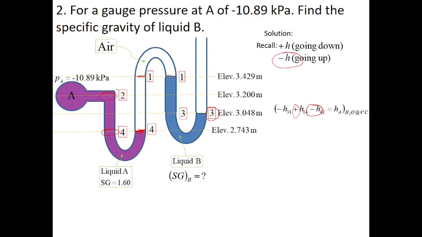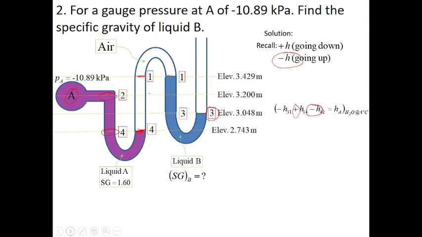At point 2, that is the pressure head at point A. That's why we have equals H sub A, equated to the pressure head at A.